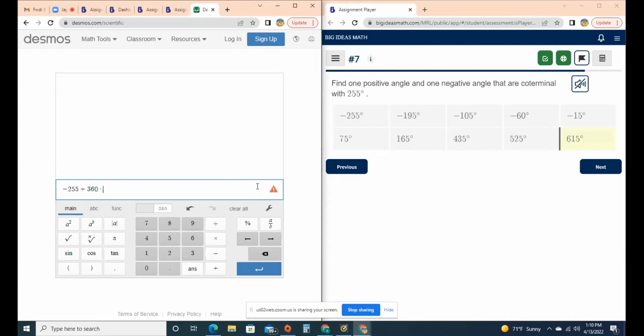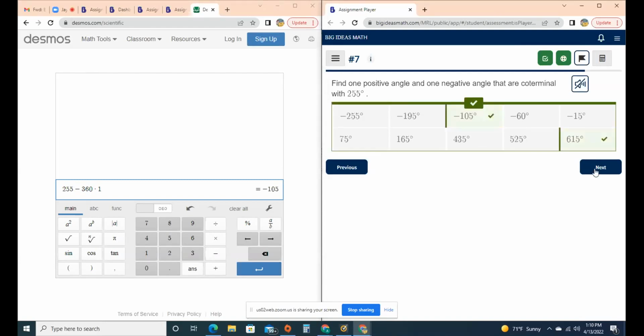It's just going to get bigger each time. Do you follow that? So I created 255 negative? No, it stays positive. The angle is always whatever the angle is that's given. You're going to keep that the same, and then you're either going to add 360 or subtract 360 multiple times depending on the problem. And then you just look for the number there, and you need one positive and one negative.